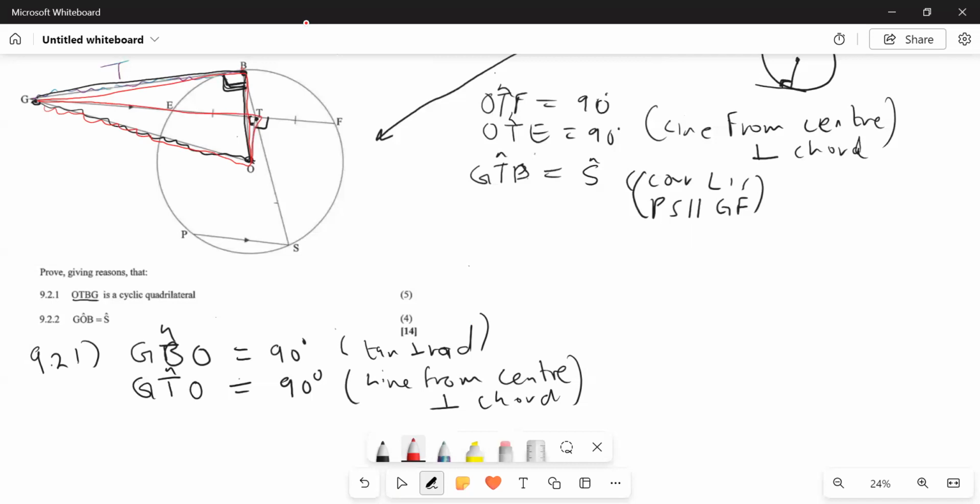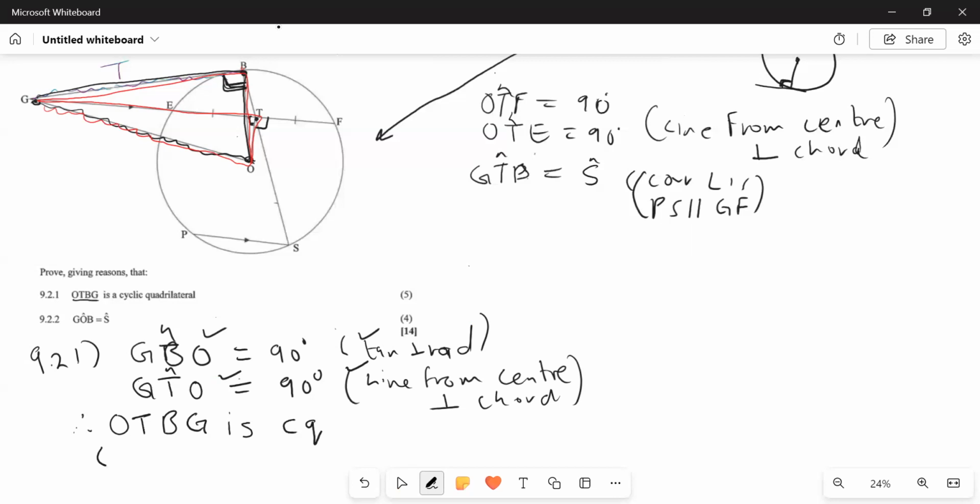So we've proven now that OTBG is a cyclic quad. So there's a mark, and then the conclusion. Therefore, OTBG is a cyclic quad because of same segment.